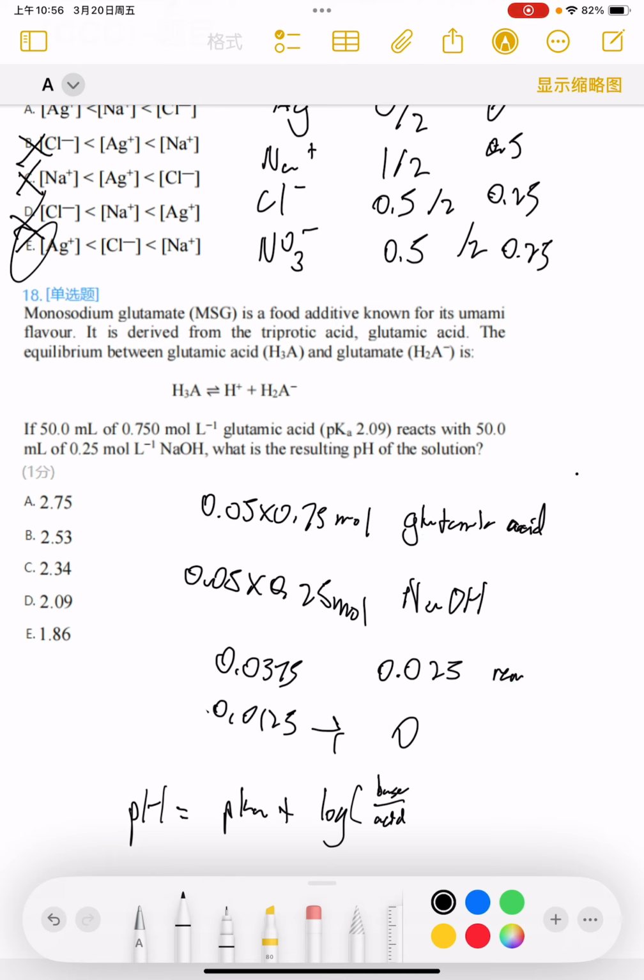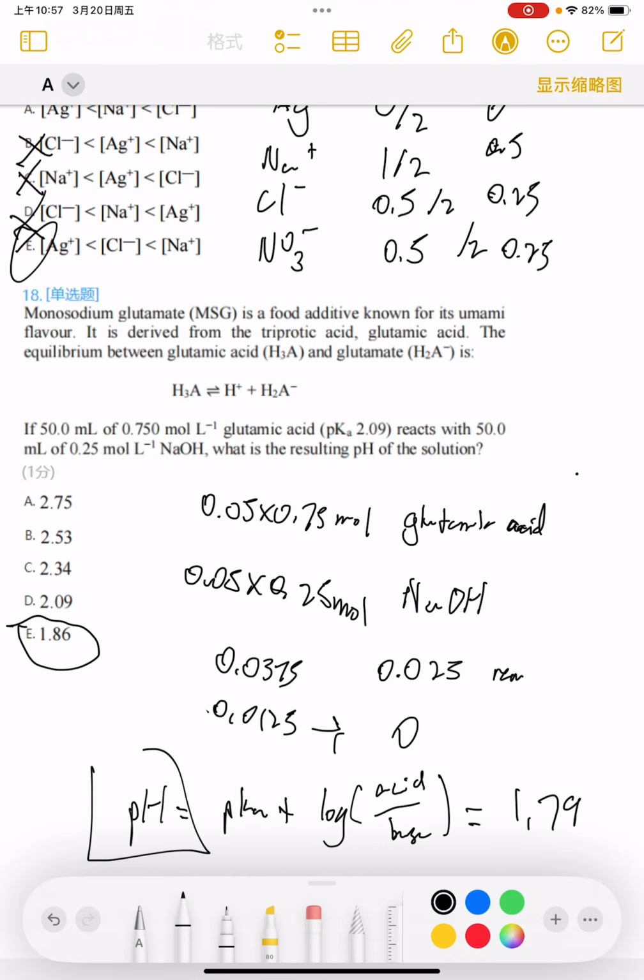Oh no, sorry, not base over acid, acid over base. From this we would get that it's roughly around 1.79, but we don't see the answer, so we're going to assume that this is a rough estimate. So then we can instantly choose E.